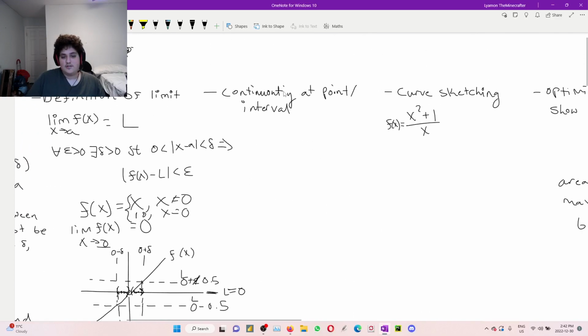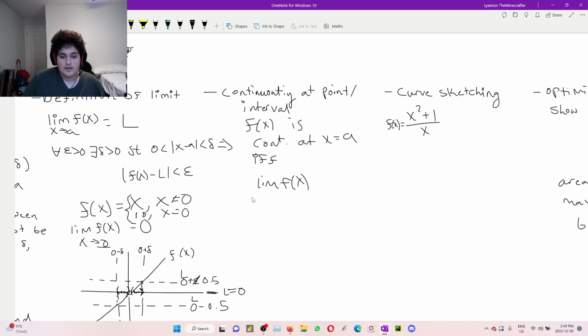So our next topic is continuity at a point. A function, let's say f of x, is continuous at x equals a if, and only if, I guess you could say, the limit of f of x as x approaches a exists, f of a exists, and by exists I mean it has to be not infinity and has to be defined, right?